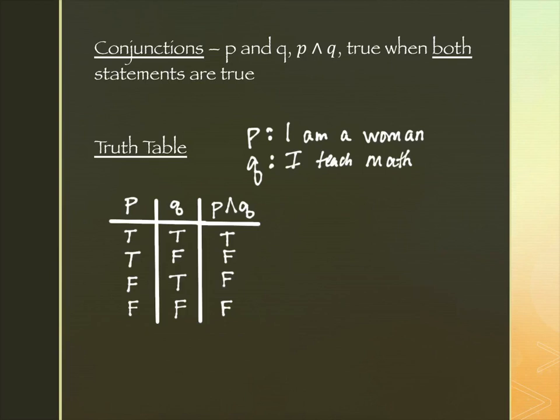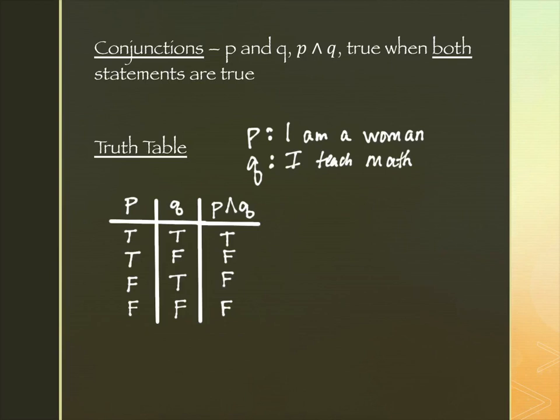These are all true, false combinations for two statements. These are all the options. There's no other thing I could write down that would be uniquely different. And the only time that an and statement is true is on the top, when both of the individual statements are true. And that's what that definition at the top tells us. They got to both be true. Otherwise, the and statement's not true.